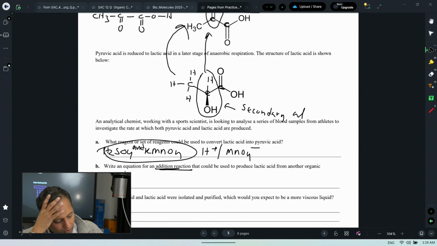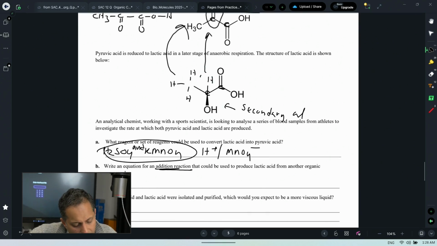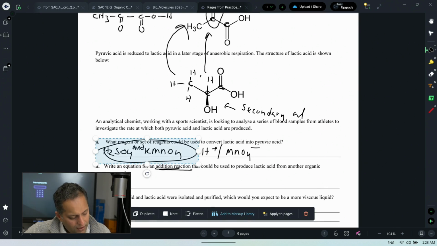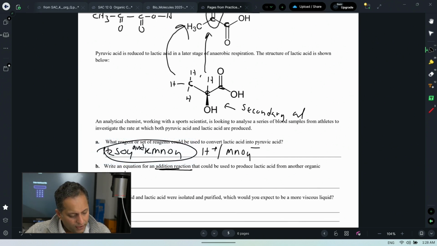Now, what is this question asking you? Come up with a compound that is going to undergo an addition reaction so that you can make lactic acid. I would say that's not difficult.